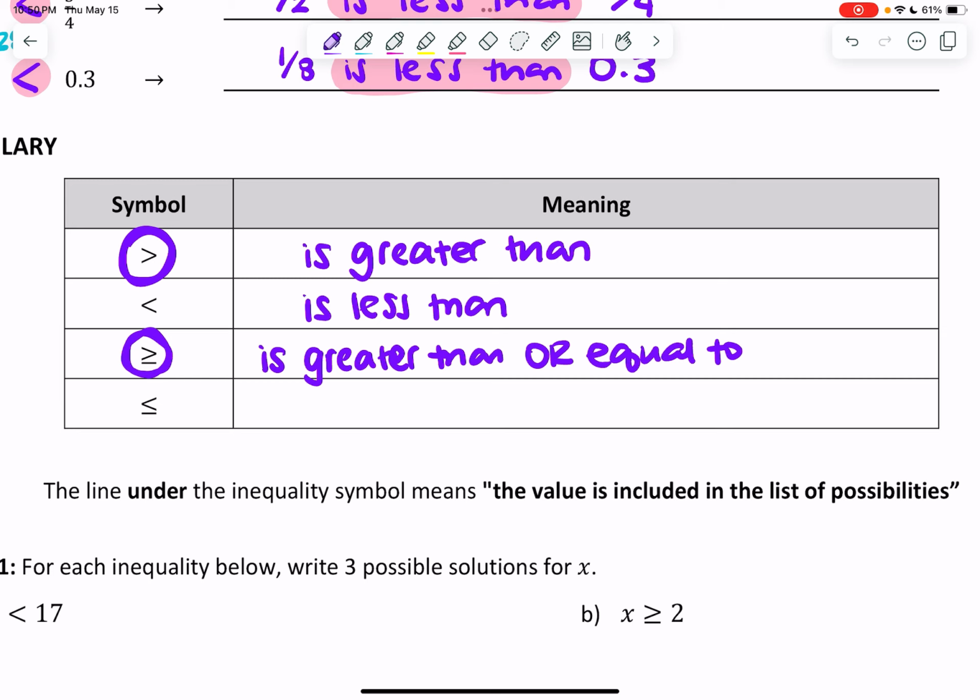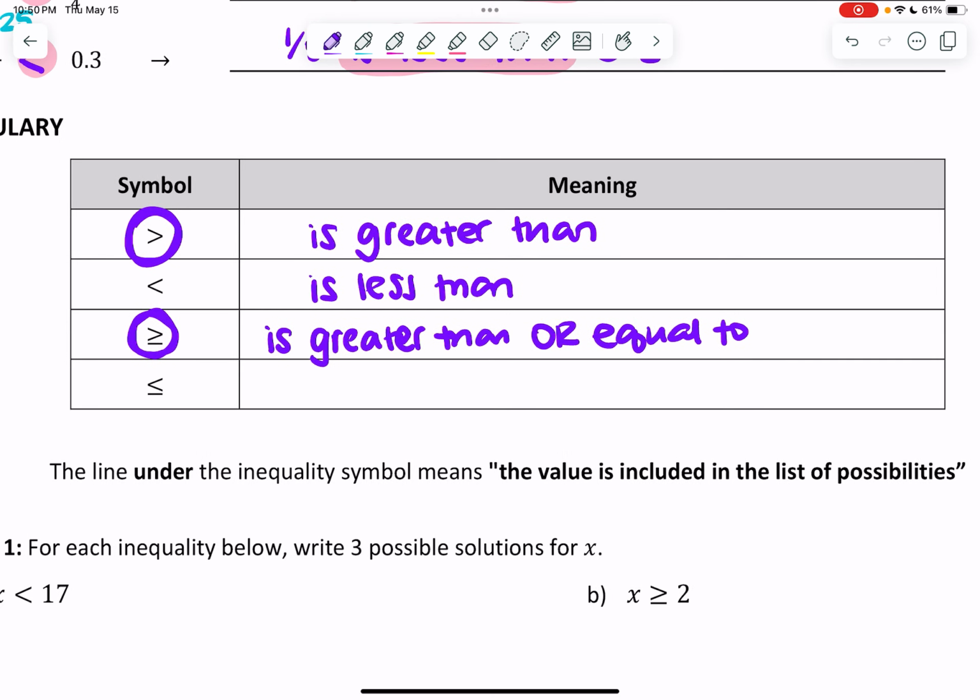So when I talk about that symbol with the greater than and that line underneath, it implies that my answer can also be equal to as well. And similarly, this last symbol says that it is less than or equal to.